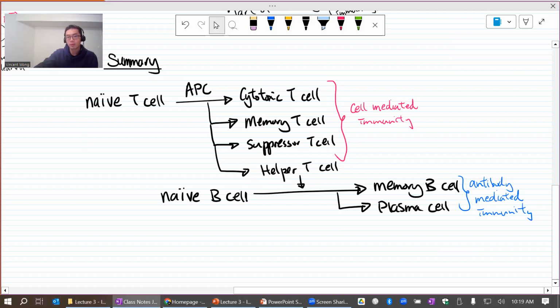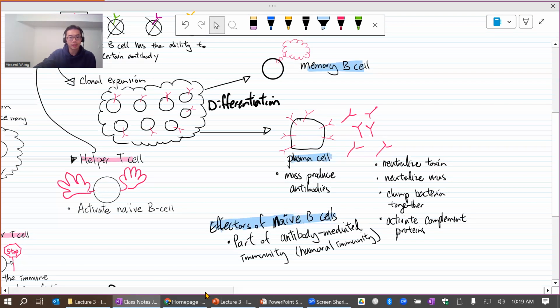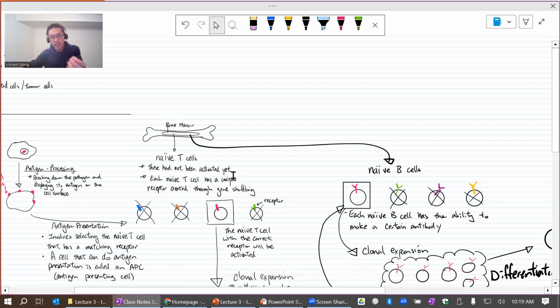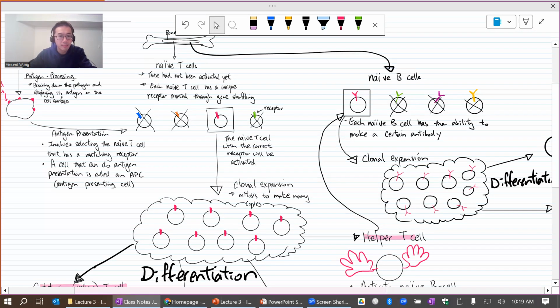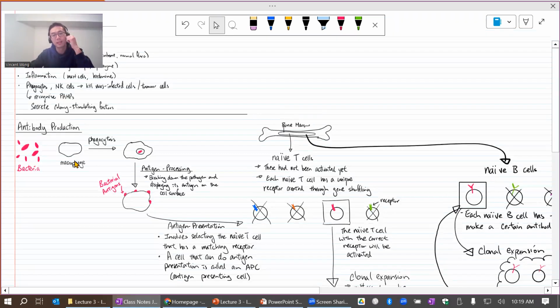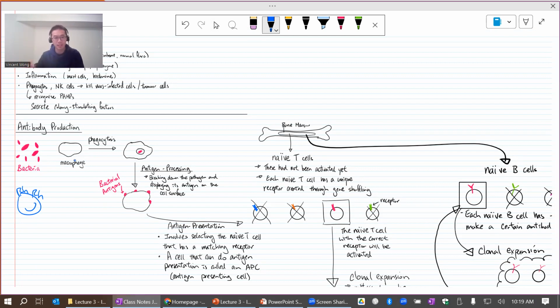You know what? Actually, I want to say one more thing here. So remember the RH sensitization thing that we talked about, right? It went through this exact same process, except instead of having the bacteria here, you're gonna have the red cell with the RH on the surface. A macrophage will pick it up and then display the RH on the surface, and so on and so forth.